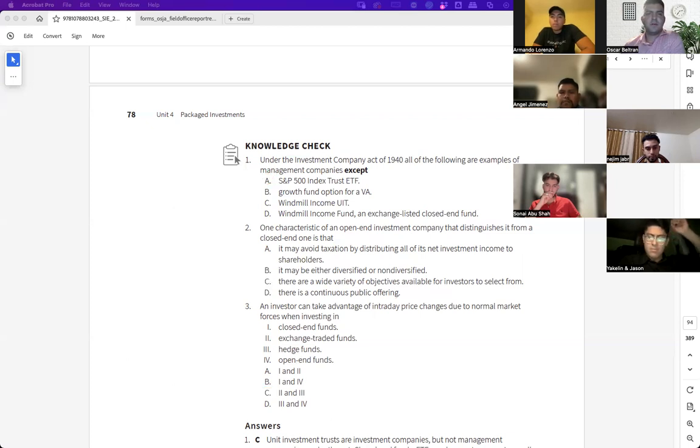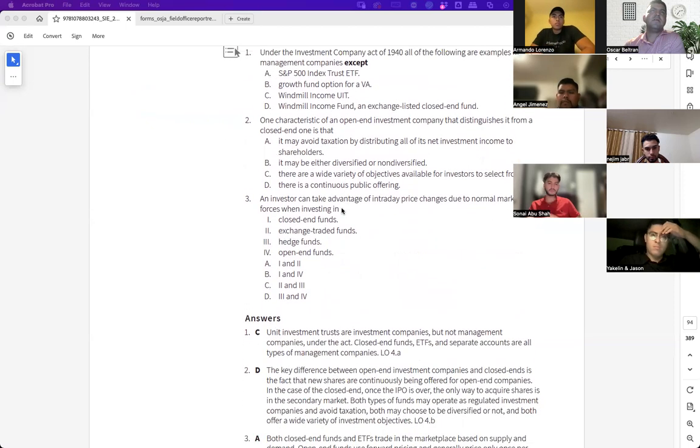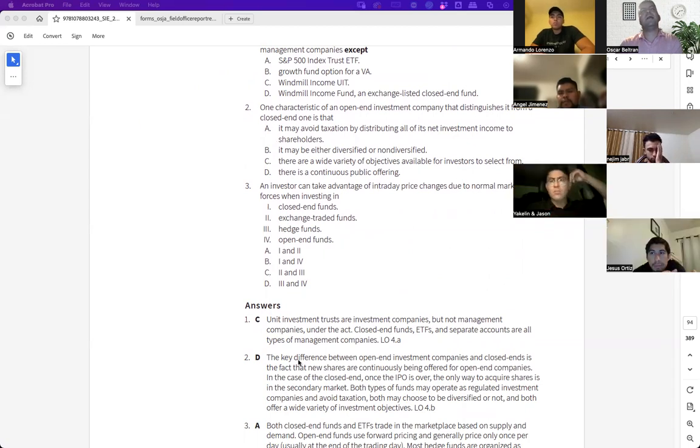Okay, perfect. All right, let's check. So 1 was C. So it's the Windmill Income Unit Investment Trust. Unit investment trusts are investment companies, but not management companies. Okay. So remember, management companies, it breaks down between open-end and closed-end. Okay.